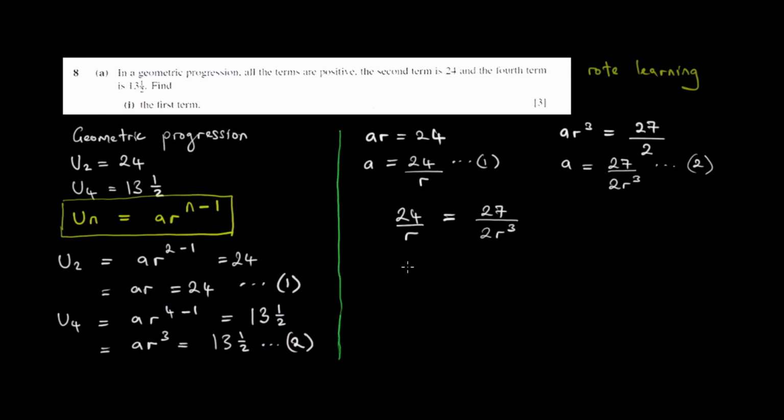Like that. If we cross multiply panapa, it's going to be, and we also do the same kunoku. So it's going to be 2r cubed over r is equal to 27 over 24, like this.